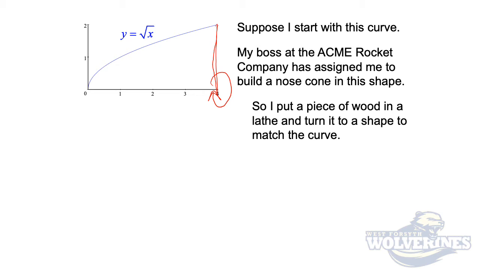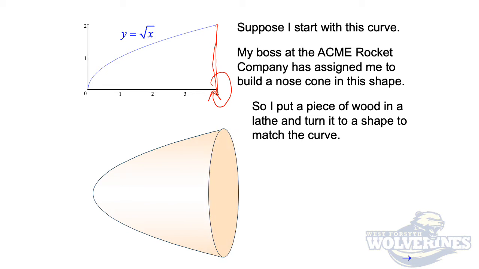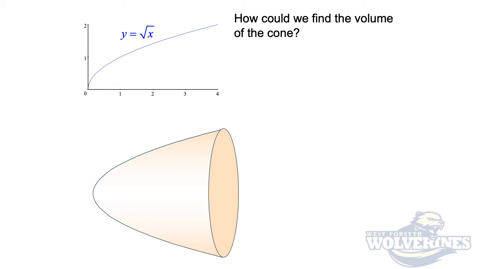Or let's say we put a piece of wood in a lathe and rotate it to match this curved shape of a nose cone. How do we find the volume of that? Let's say we're going to 3D print it and we need to know how much material we need to fill this in solid. This is going to form a solid figure. So how do we find the volume of that?